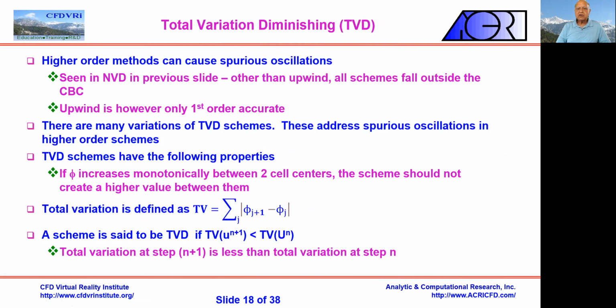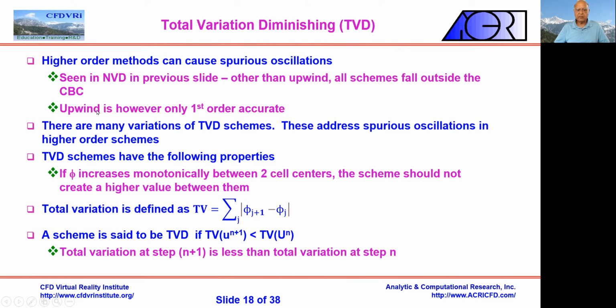Now, there is something called total variation diminishing, which is also a very popular scheme. This was another method to get rid of the spurious oscillations. So we saw from the previous scheme, the NVD scheme, that all schemes other than upwind fall outside the region.